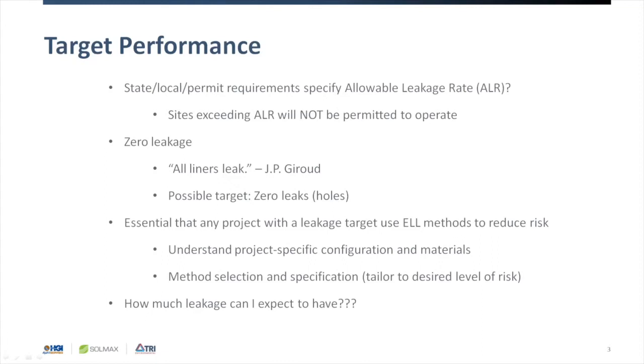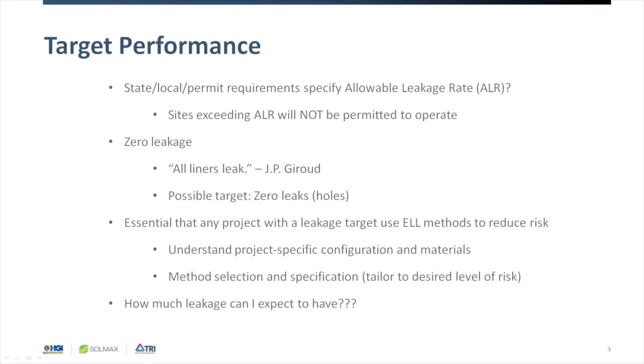So in order to make sure that EL methods are going to be maximally effective, we need to understand the project-specific configuration and materials that affect the effectiveness of the EL methods. We also want to make sure that we are choosing the appropriate method for our project and that we have appropriate and thorough specifications for those methods.